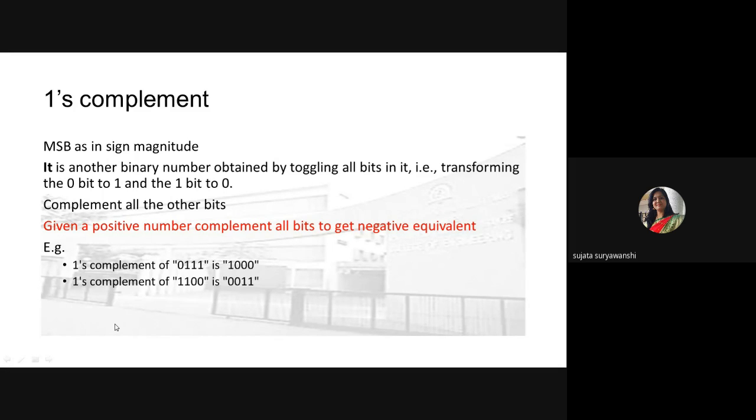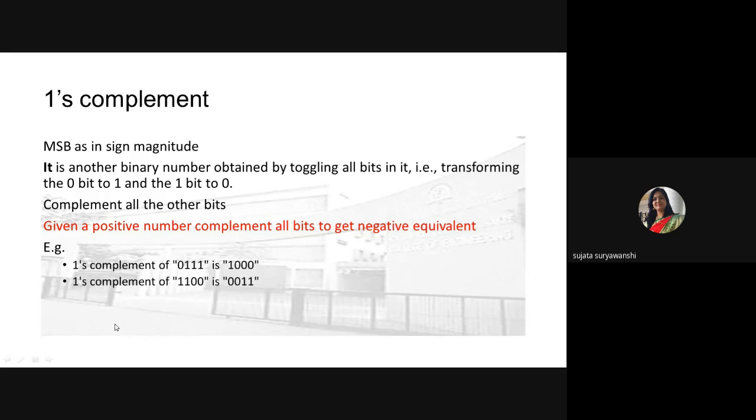We just have to alter all the magnitude bits of the number. So 0 will be the same, and the remaining magnitude bits, that is 101, simply invert from 101 to 010. So 0010 is the equivalent ones complement of the given +5 decimal number.